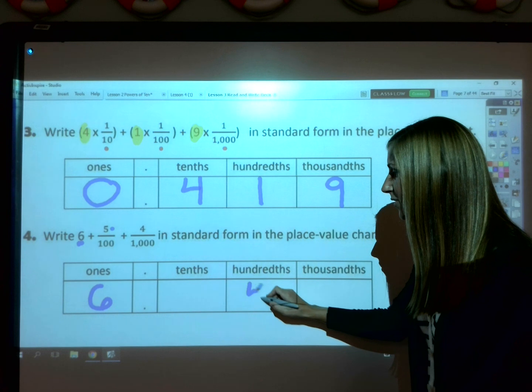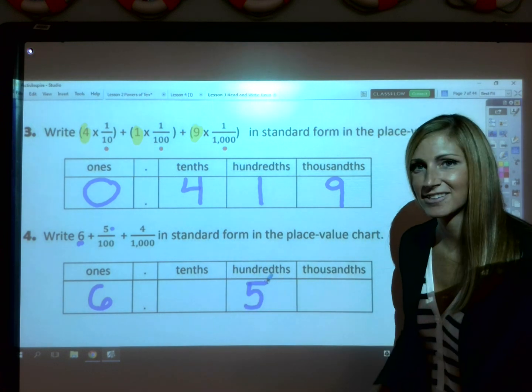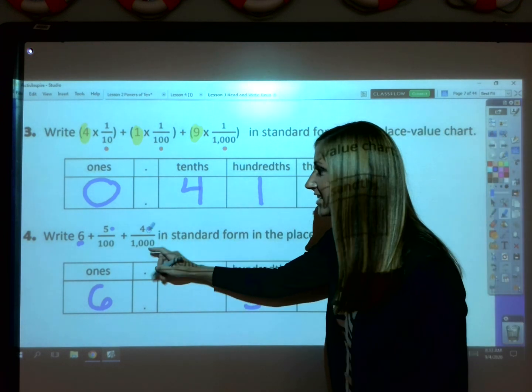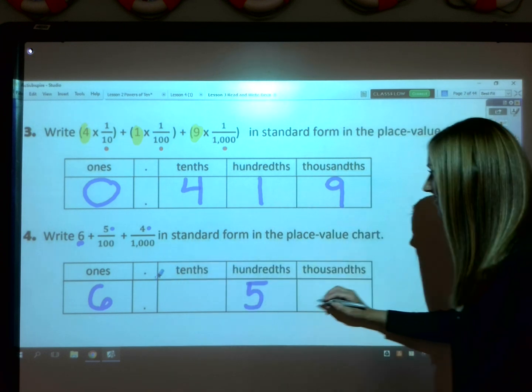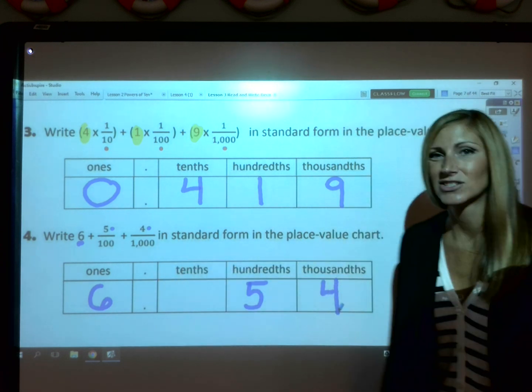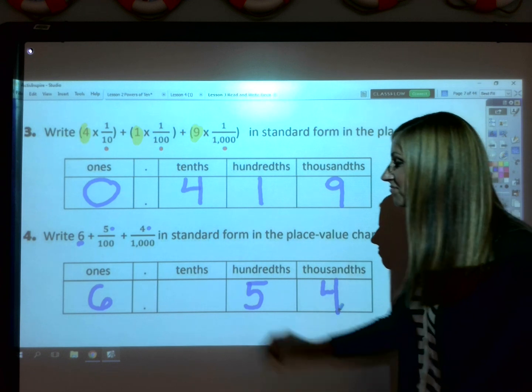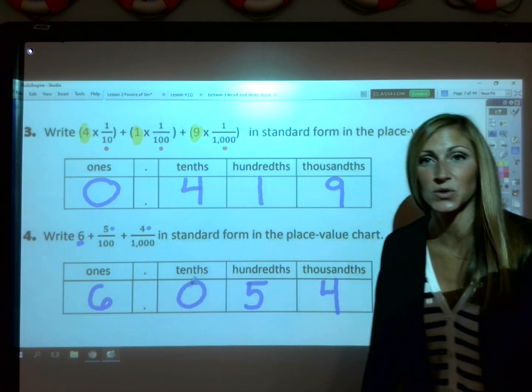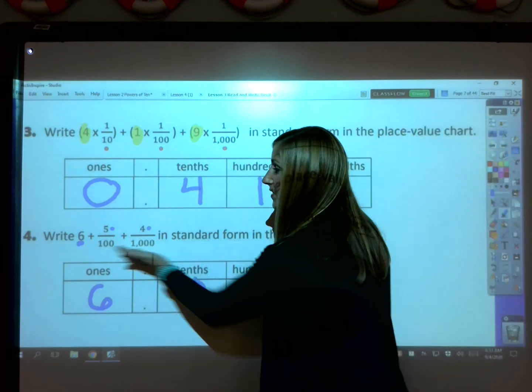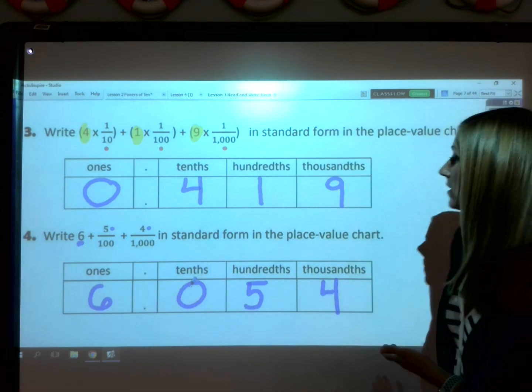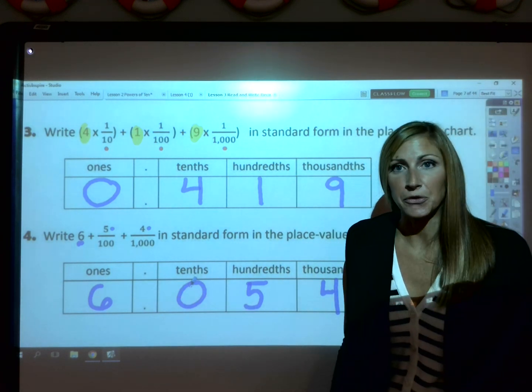Ooh. Did that get you? 4 is in the thousands. So what am I going to need still? That placeholder in the tens. We didn't represent the tens at all because there's no value.